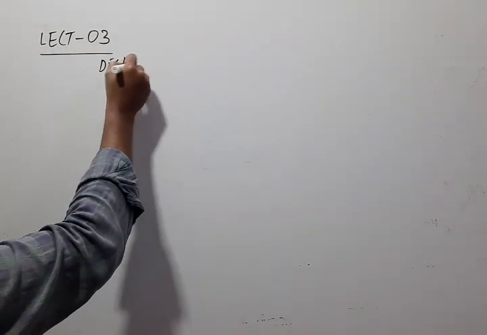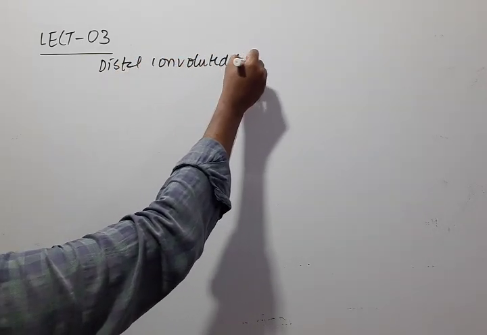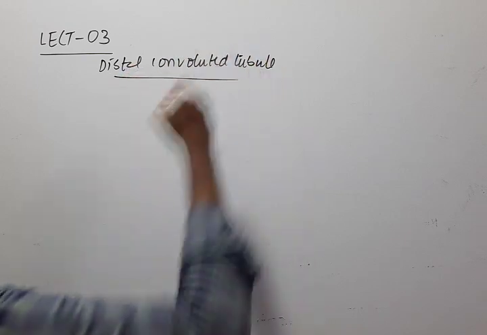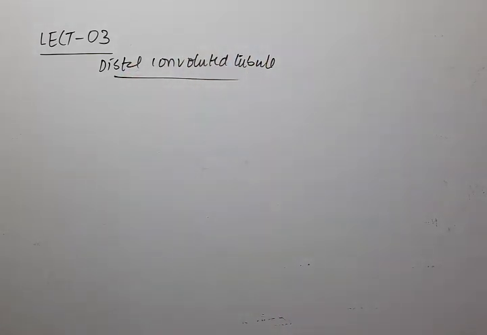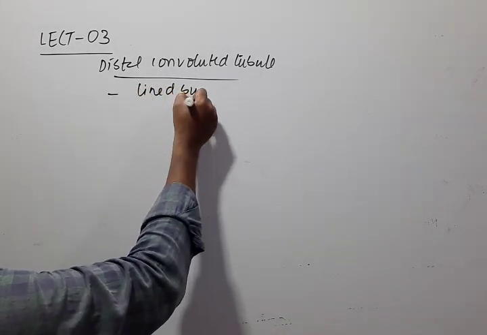Distal convoluted tubule. Coming to this distal convoluted tubule, it is lined by cuboidal epithelium.